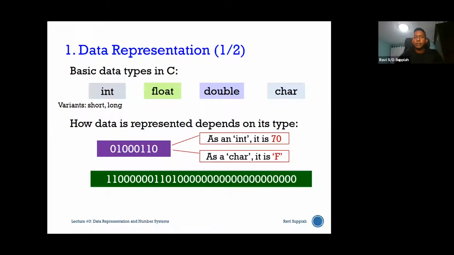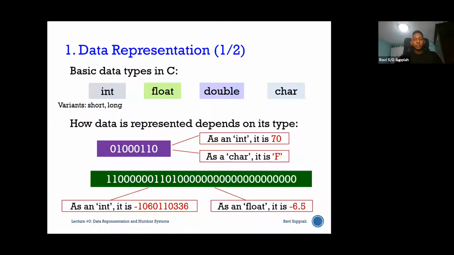If I interpret it as a character, I can say this actually represents character F. Why is it so? Again, we will look at it in a short while. And this long binary bit stream below, what does it actually mean? If I look at it as an integer, this is actually this huge negative number.